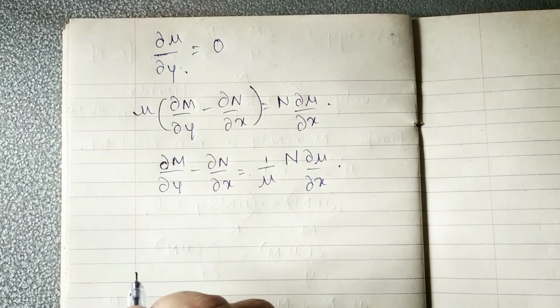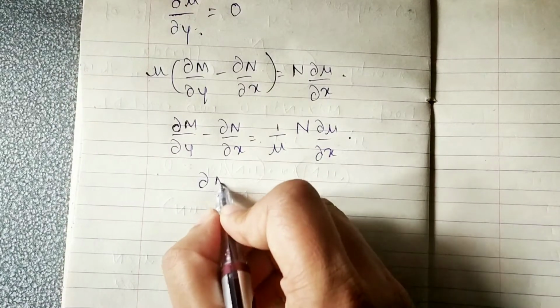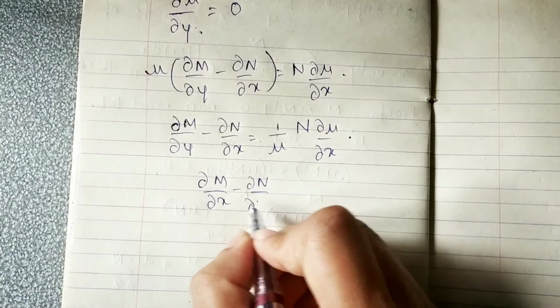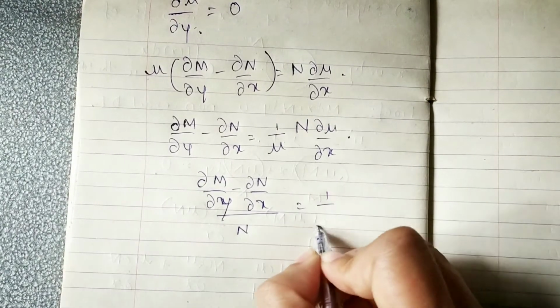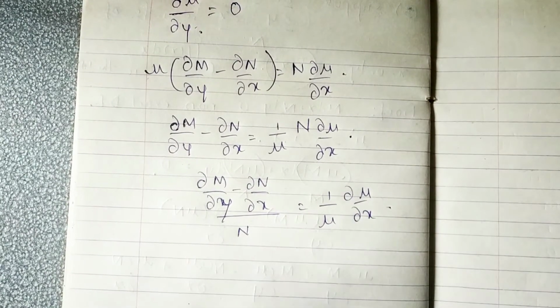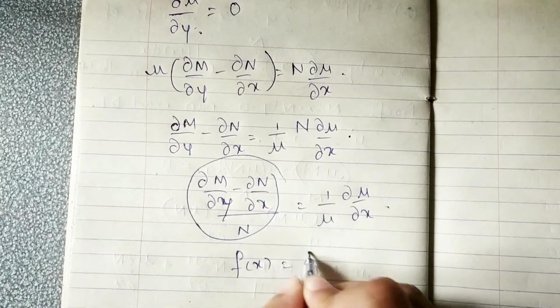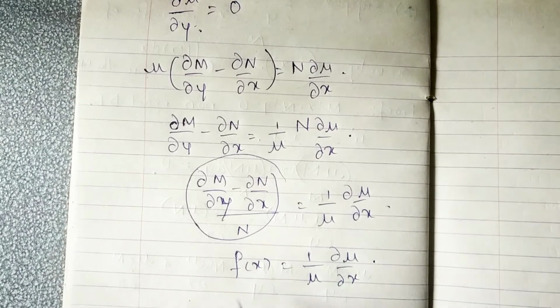Here we know that, again rearranging, dou M by dou y minus dou N by dou x, divided by N, equal to 1 by mu into dou mu by dou x. Just rearranging, but this is the function of x, f of x, equal to 1 by mu into dou mu by dou x.